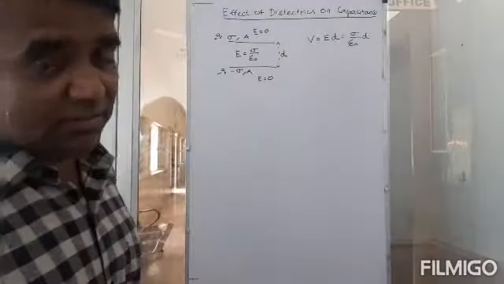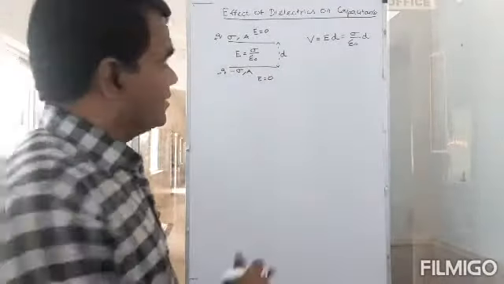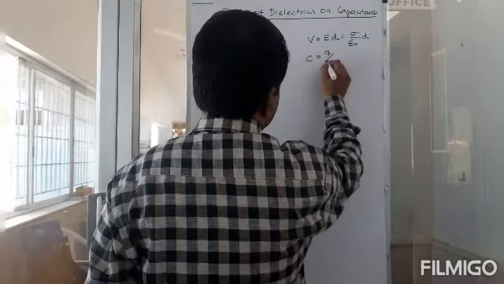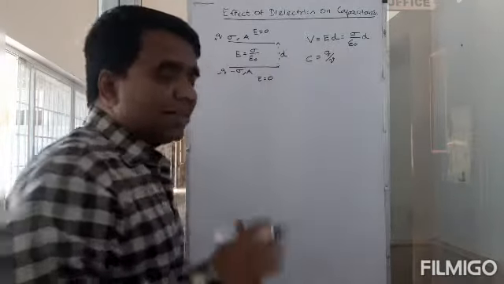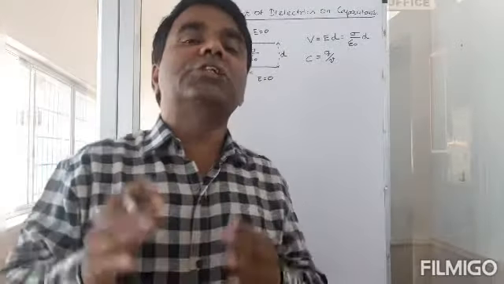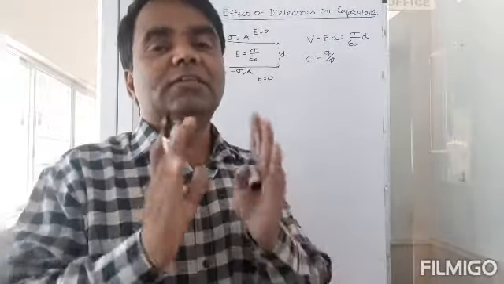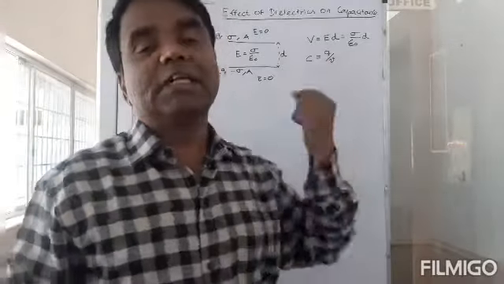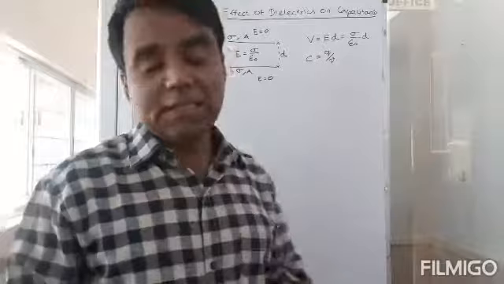And this resulted in the calculation of capacitance. Capacitance was simply Q by V. For a given voltage, how much charge can the capacitor hold? And that is the capacitance.